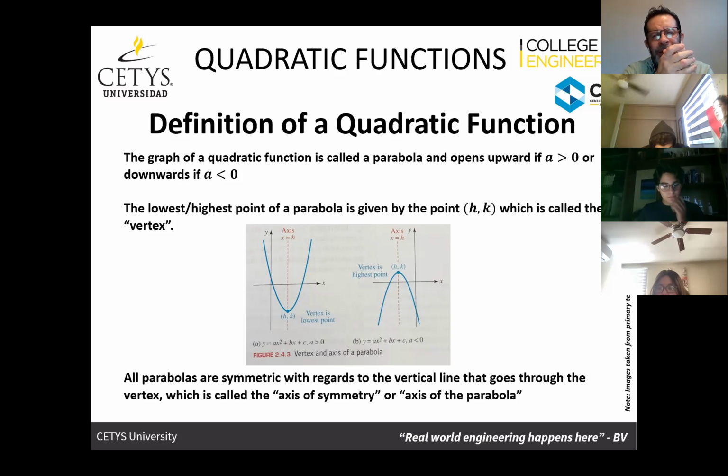Math emulates real life, and real life can be modeled through math. Something as simple as a function that has an x squared can represent something in real life, like these examples that we're giving right now. So good example there as well, Daniel.